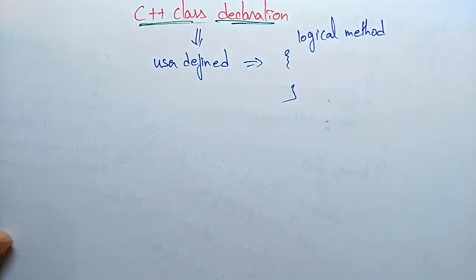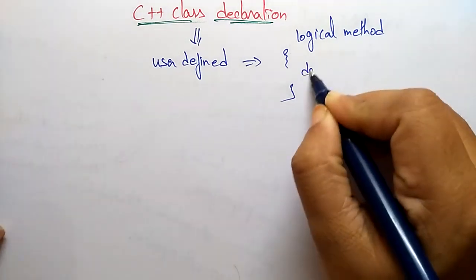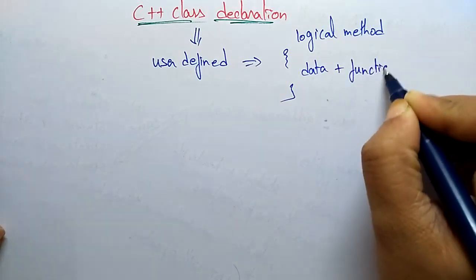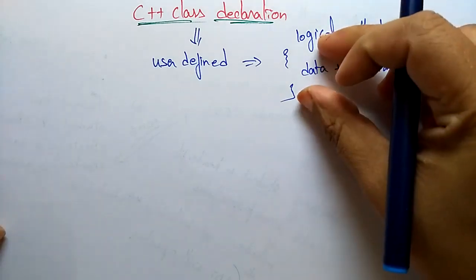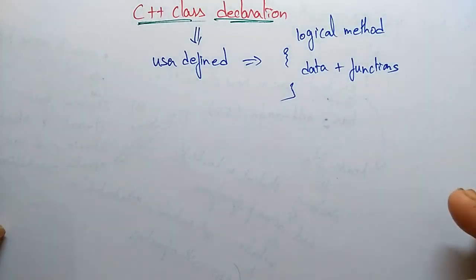Logical method means the class doesn't occupy any space in the memory. Only the objects will occupy the memory. So the class is a logical method to organize data and functions in the same structure. So that is a class.